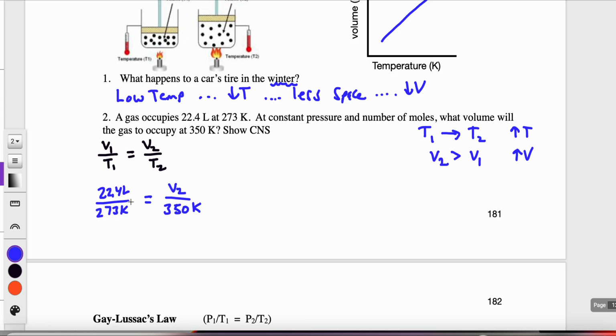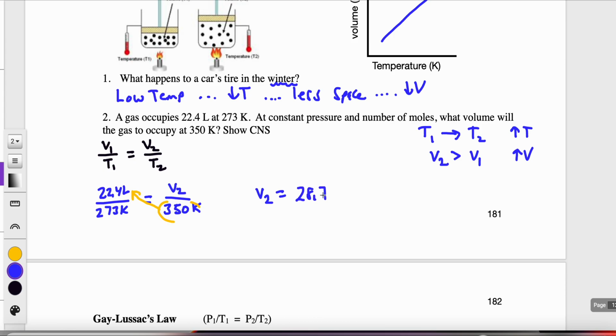Because we have two fractions set equal to each other, that means mathematically you need to take this temperature that's in the denominator on the right and cross multiply it by the numerator up at the top to solve for V2.